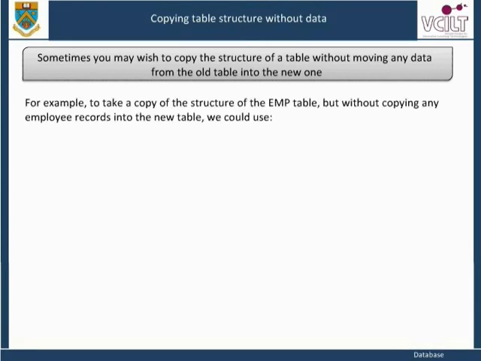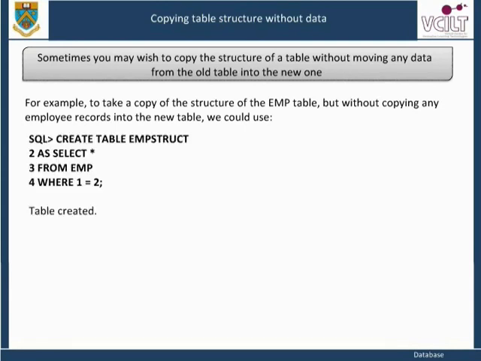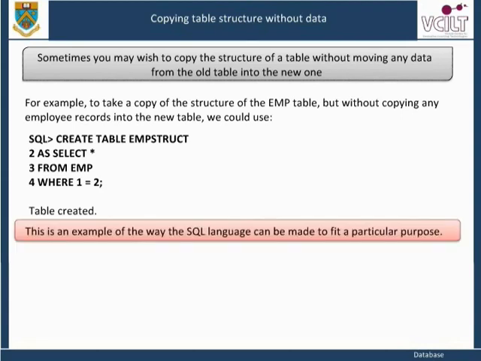For example, to take a copy of the structure of the employee table, but without copying any employee records into the new table, we could use SQL create table employee structure as select star from employee where 1 equals 2. Table created.